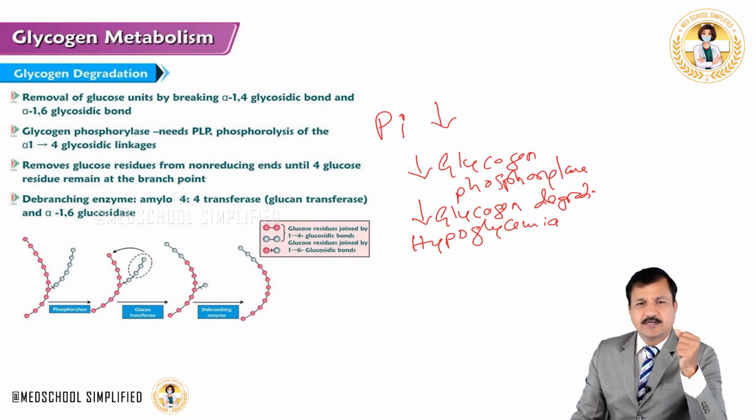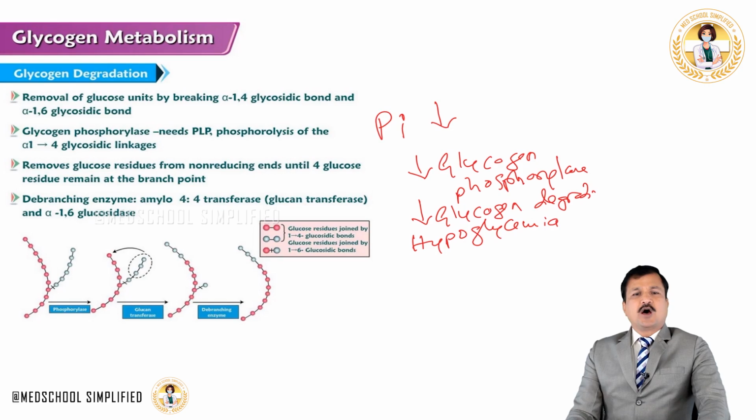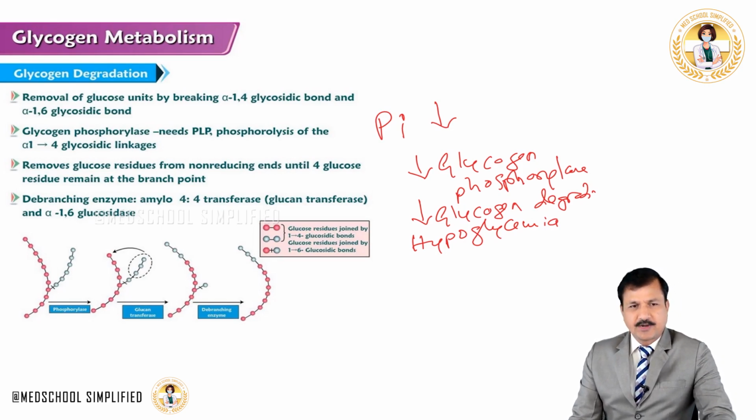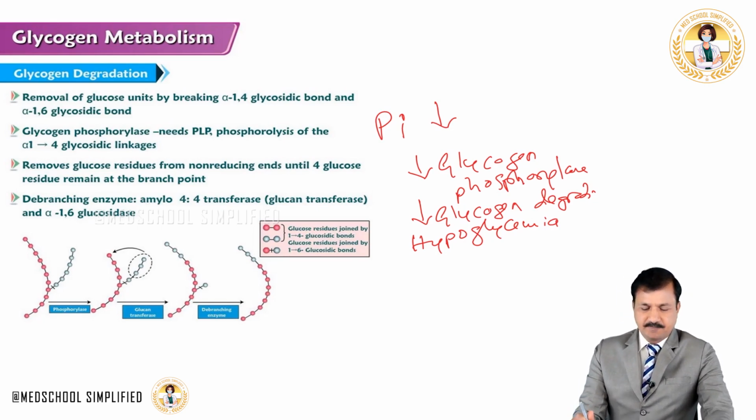Okay, these are some of the examples of disorders where there is a decrease in inorganic phosphate in the cytoplasm. Now, removal of glucose residues from the non-reducing ends until 4 glucose residues remain at the branch point will be done by the glycogen phosphorylase enzyme.